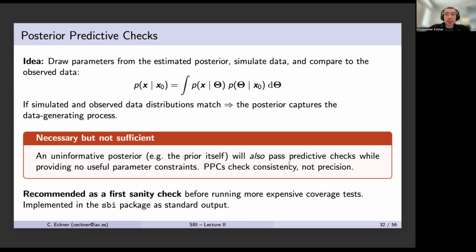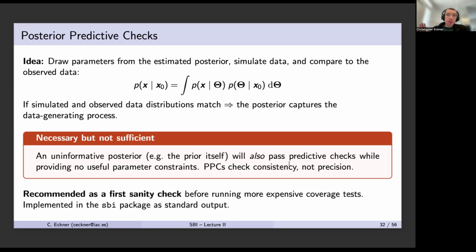What I would like to say right from the start is that even if your posterior is passing all of these predictive checks, it doesn't sufficiently guarantee that what you get is optimal. You might still spectacularly fail, and we'll discuss instances where this happens.